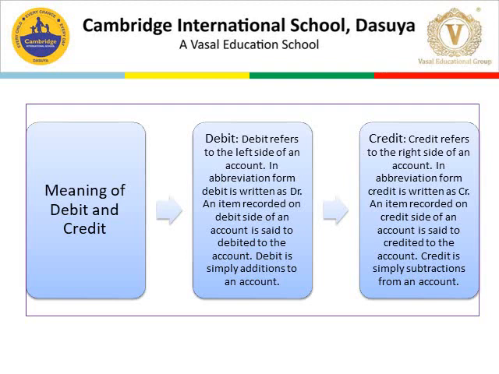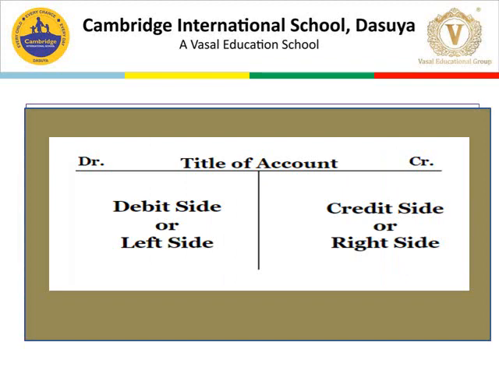So here is the meaning of debit and credit. Hope you all understand the meaning of debit and credit. Here is the graphical presentation of debit and credit. Accounts look like a T shape. If you are looking at the account, it is a T-shape account.